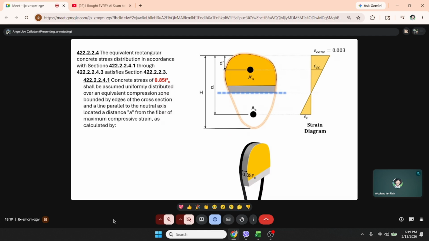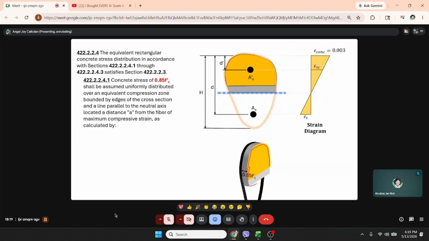Then that 0.85 f'c, according to the code, shall be assumed uniformly distributed over an equivalent compression zone bounded by edges of the cross-section and aligned parallel to the neutral axis, located a distance a from the fiber of maximum compressive strain as calculated. So 0.85 f'c is uniformly distributed, bounded at the edges.